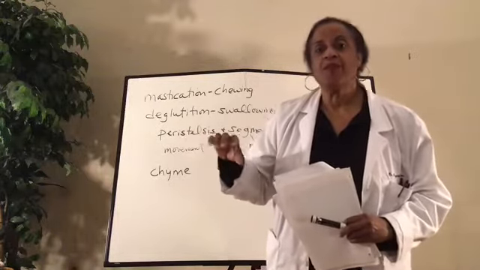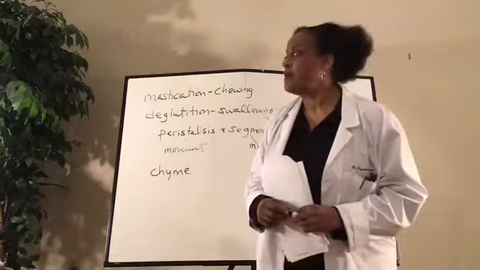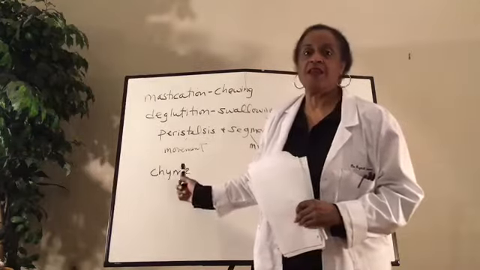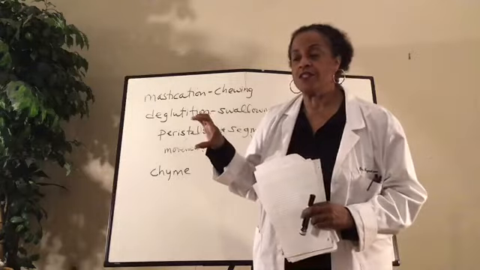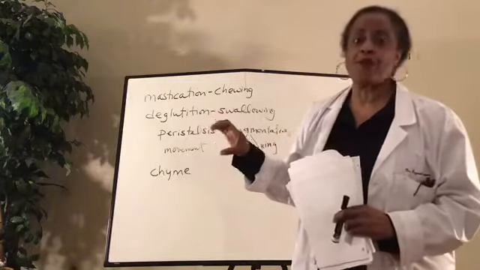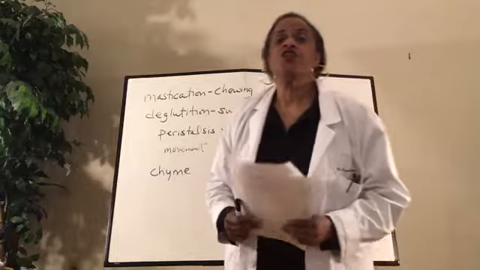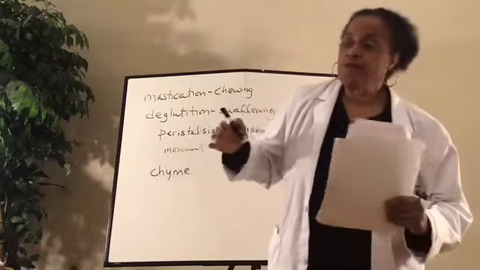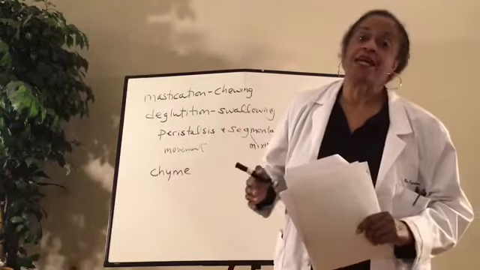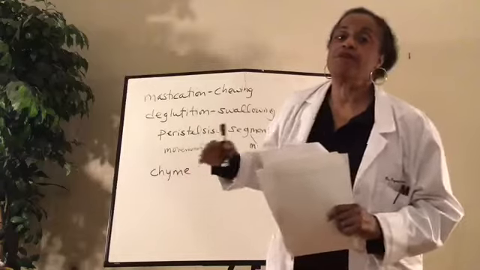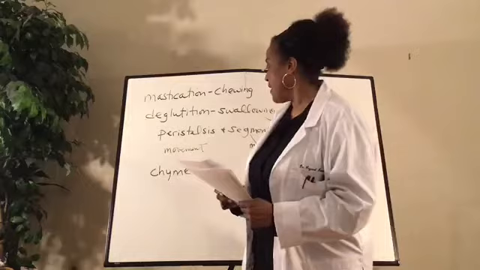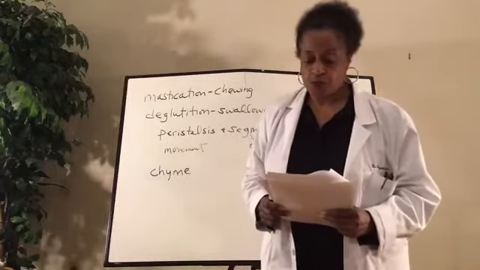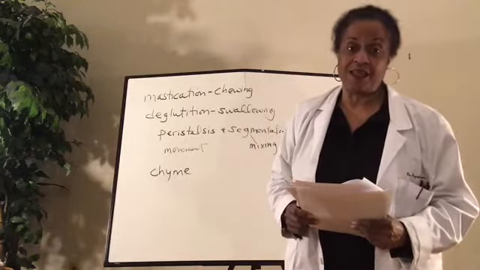It lets just a bit of chyme into the duodenum, because the duodenum is very small, about 10 inches if you recall, the C-shaped first part of the small intestine. To regulate how much chyme comes in from the stomach, the pyloric sphincter is there to prevent overburdening the duodenum.